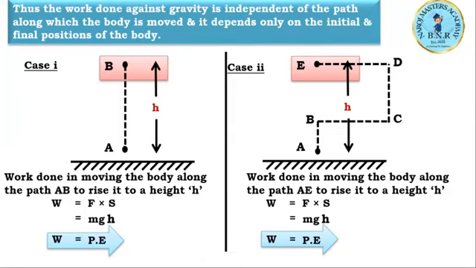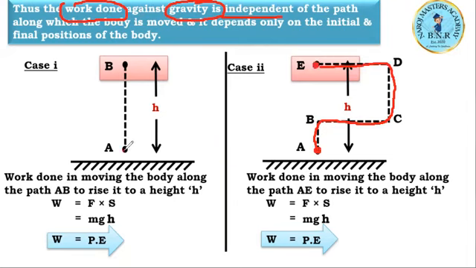So simply we can say that the work done against gravity is independent of the path, not dependent on it. As the object changes its position, it does not matter; it matters only with the initial point and final point.